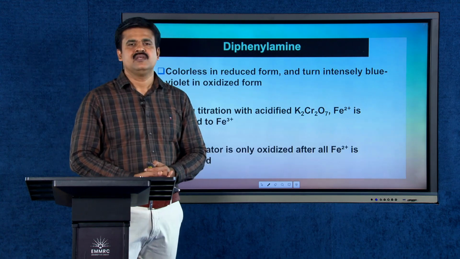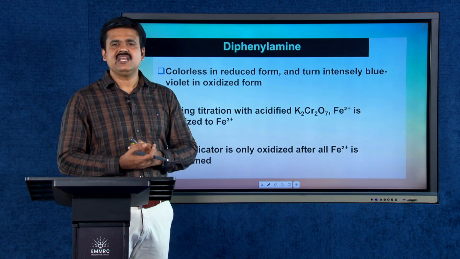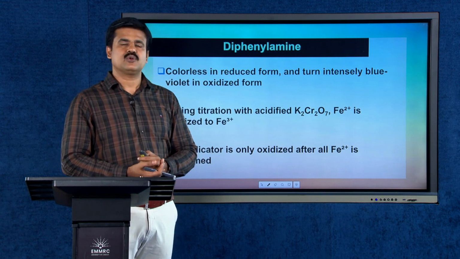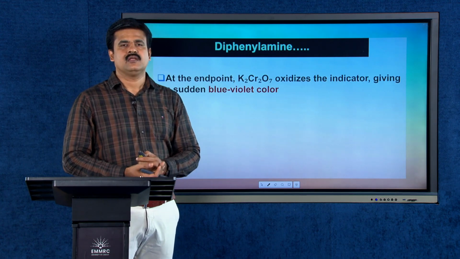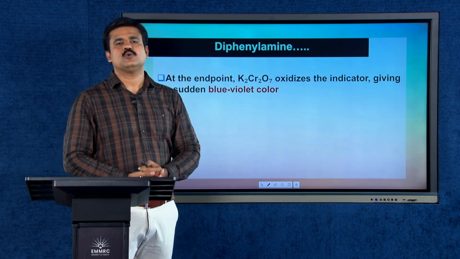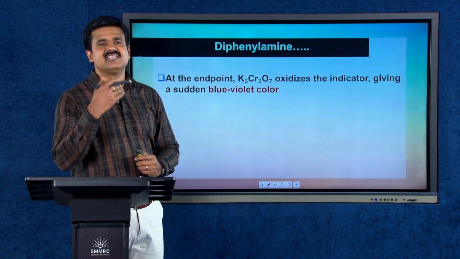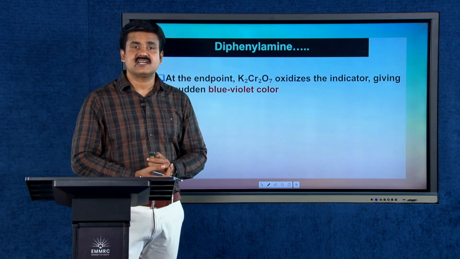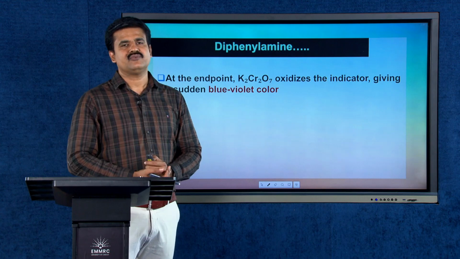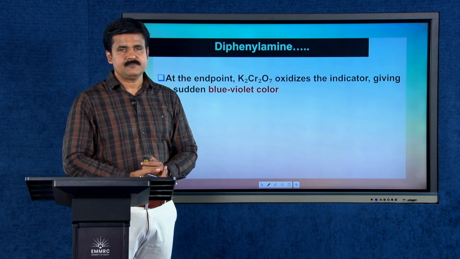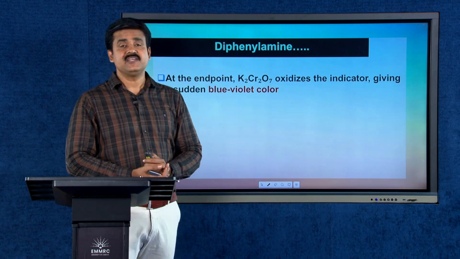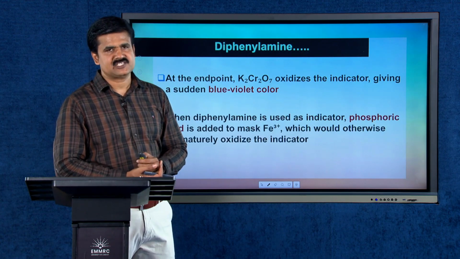The indicator is only oxidized after all Fe2+ is consumed. As the end point is reached, K2Cr2O7 oxidizes the indicator, giving a sudden blue-violet coloration. So the formation of blue-violet coloration indicates the end point during the titration of Fe2+ with potassium dichromate.